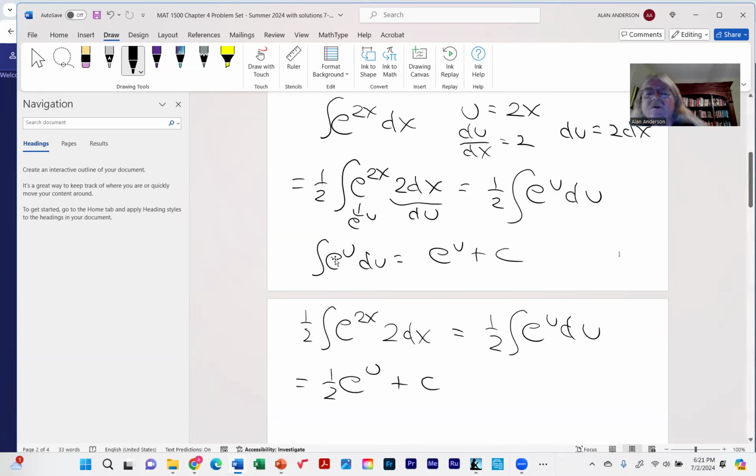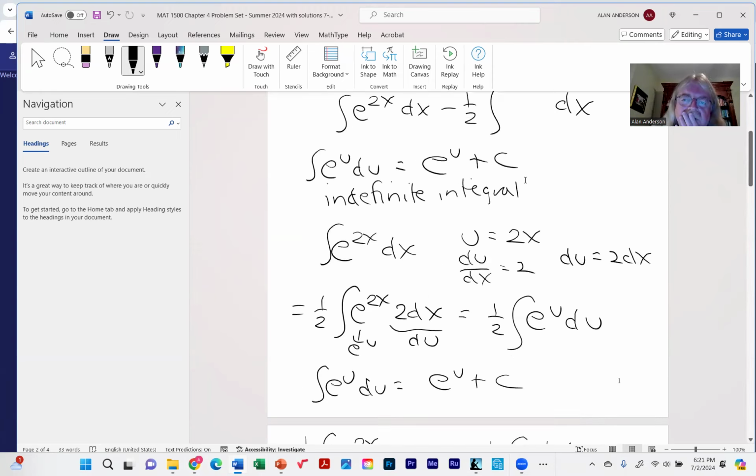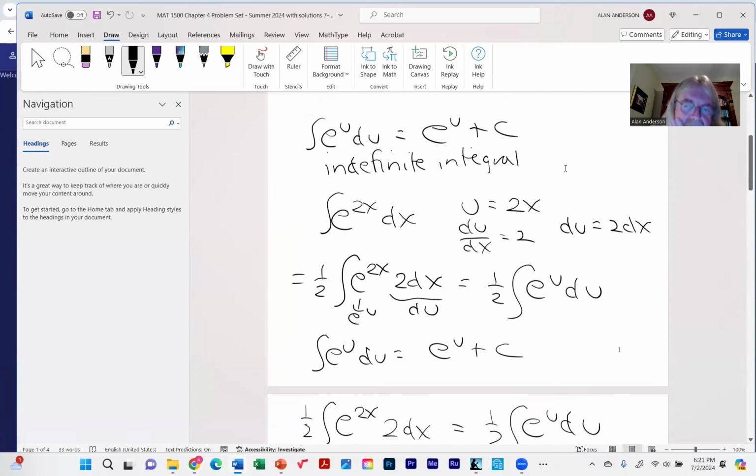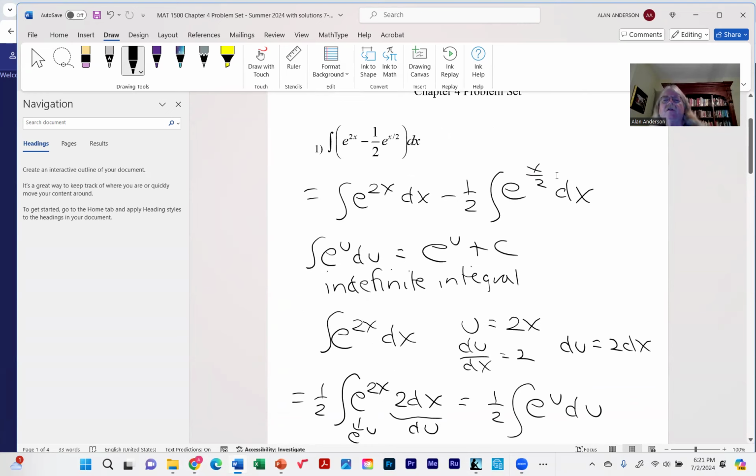And of course, now we're going to replace the u with its definition, which is 2x. The second term is negative 1/2 e to the x over 2. All right, let me just copy this. Sometimes it lets me copy, sometimes it doesn't. All right, I'll do this instead.